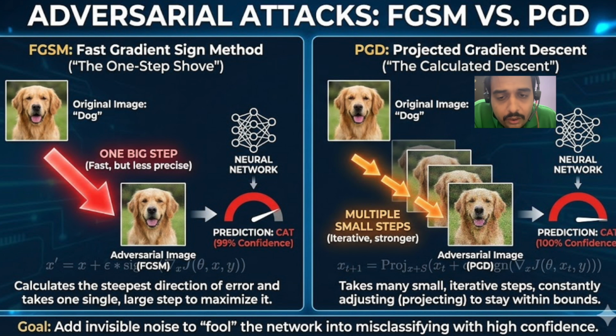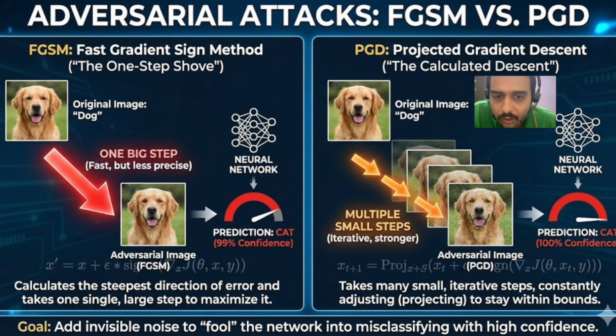PGD, projected gradient descent, is somewhat more sophisticated. Instead of one big jump, this method takes many small, carefully calculated steps. It may take 10 or 20 iterations, each time moving slightly in the direction that fools the model. After each step it checks that it is within the allowed noise limit, and then takes another step.